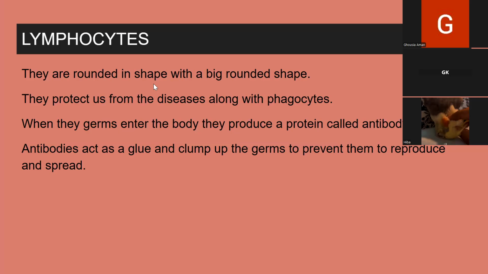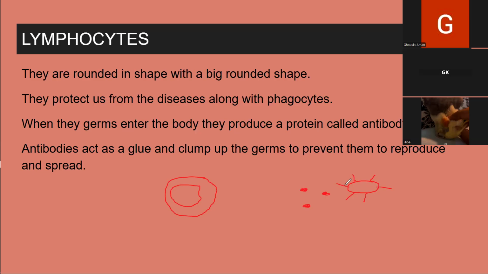Whenever any germ enters our body, for example one bacterium or a few bacteria, the lymphocytes in our blood respond. On the cell membrane of every organism there are some proteins that act as identification markers.